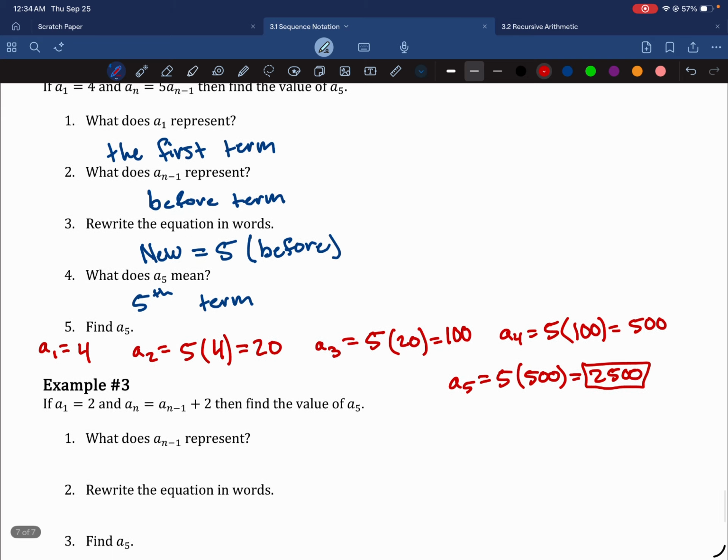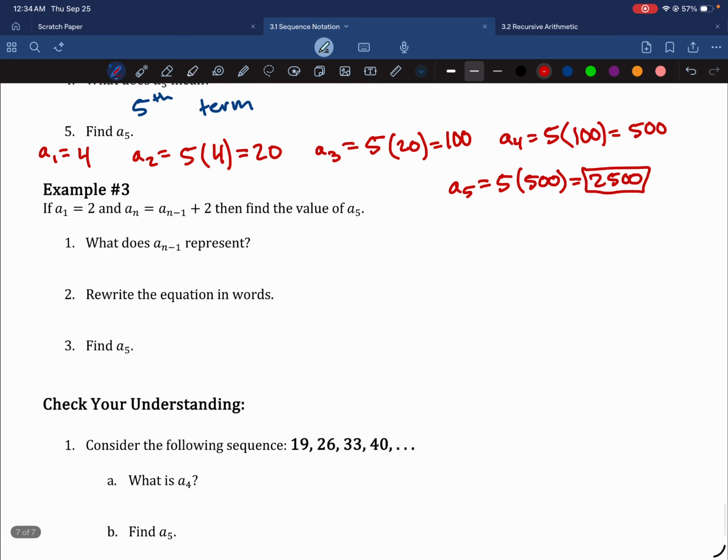All right. Example 3. If a sub 1 is 2 and a sub n is the before term plus 2, then find the value of a sub 5. So what does a sub n minus 1 represent? It represents the before term.